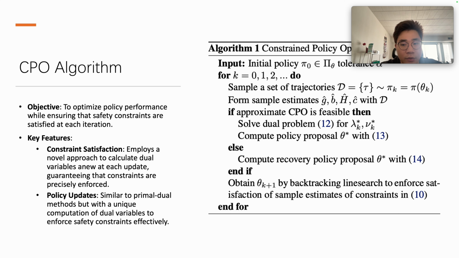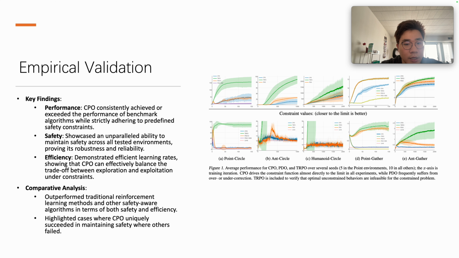If the approximate CPO problem is not feasible, it computes a recovery policy instead, and adjusts the policy parameters by backtracking line search to ensure satisfaction of the sample estimate of the constraints. After all of that, it finally updates the new policy parameters for the next iteration. So that's the basic idea of the CPO algorithm and how it's done. And here are some of the results shared by the paper and some of the key findings as well.